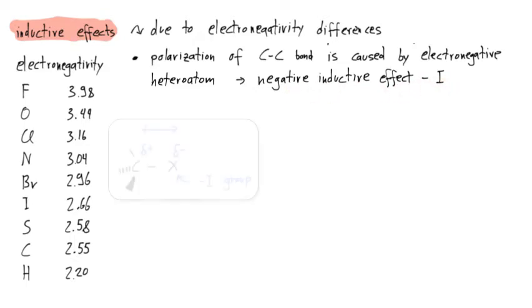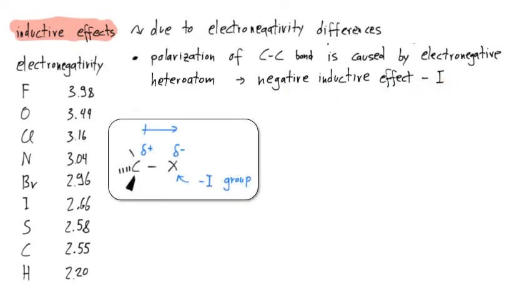The group that is more electronegative than the carbon, here generally X, we call a -I group, a group with a negative inductive effect. This group will have a partial negative charge, causing the carbon to have a partial positive charge. Since the polarization happens from this heteroatom, the direction of the polarization is from the left to the right here.